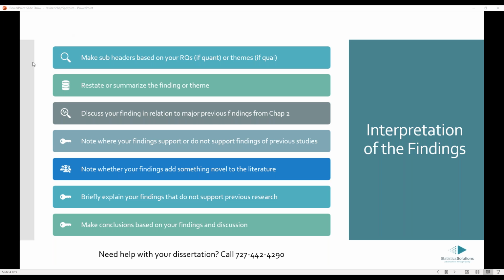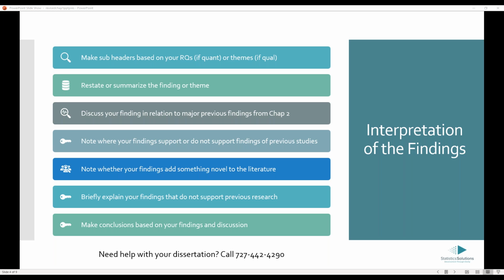For word count for the discussion, maybe limitations. Again, they kind of go back to the page count question, which I answered. Unless your school has a specific template, some of these sections aren't very long. The longest one is probably the interpretation of the findings section, a few pages. If you don't have major limitations, the limitation section may not be too long.